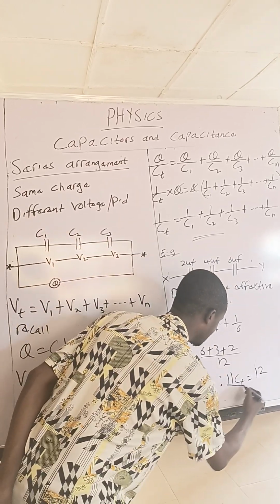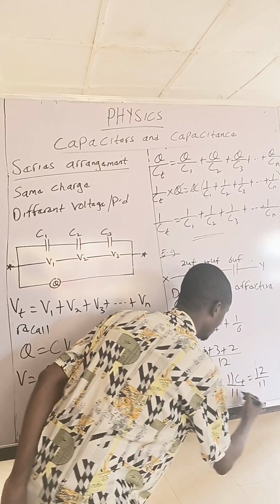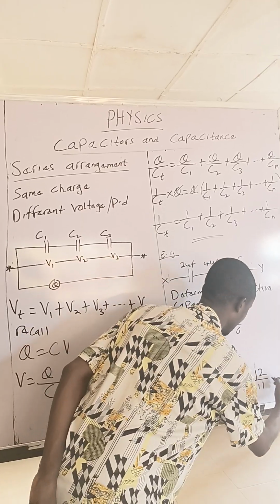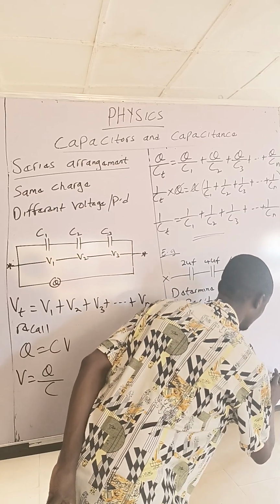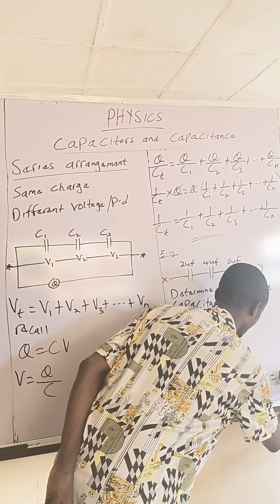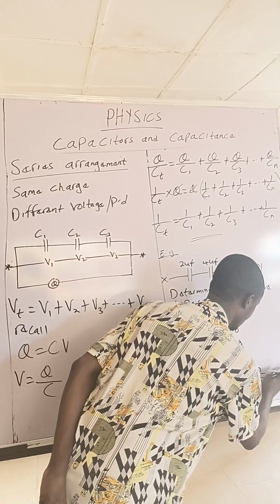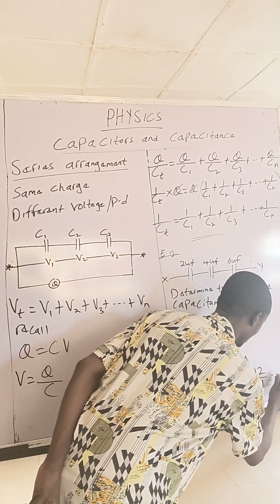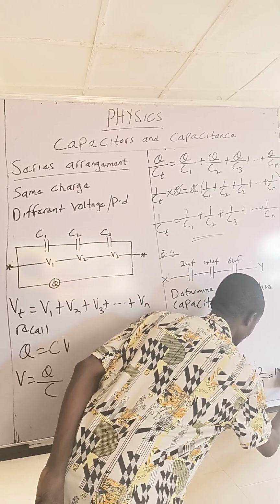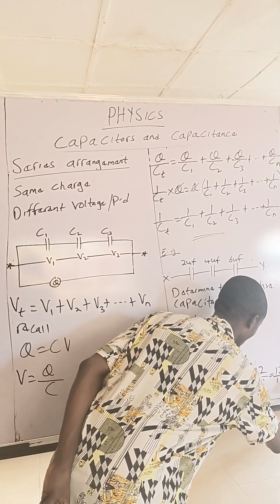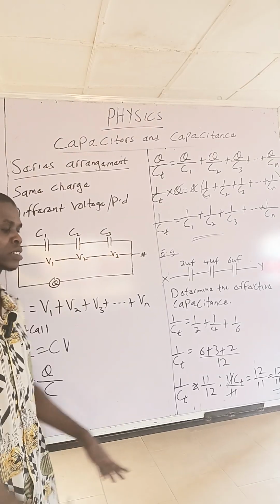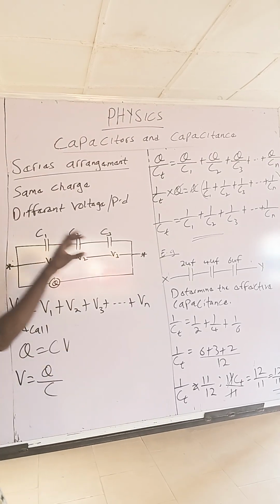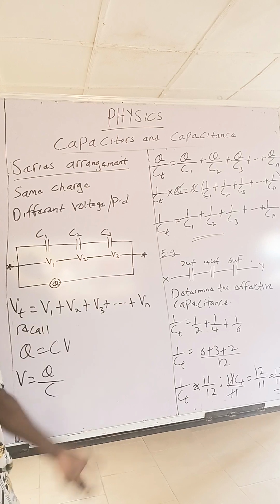So by the time you divide both sides by 11, your C total equals 12 over 11 microfarad. And that gives the total capacitance of these capacitors in series arrangement.